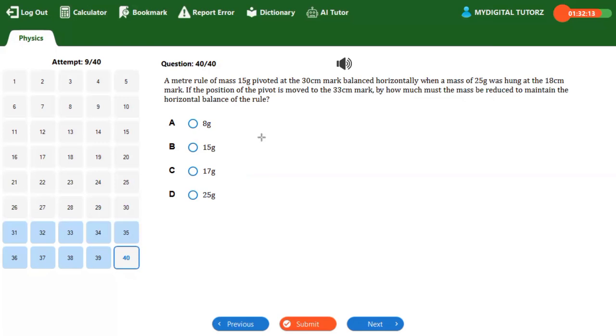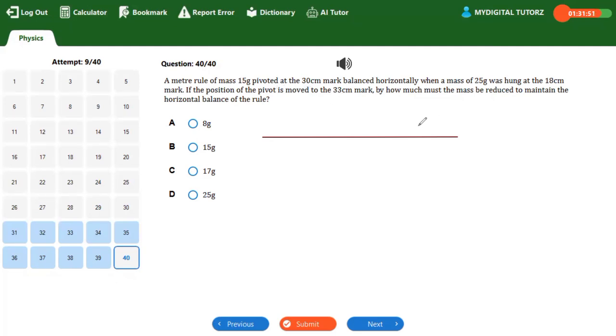So we assume here is our meter rule, starting from 0 down to 100. Exactly. The question says the meter rule has a mass of 15 grams. So remember center of mass. Center of mass is the point on which the entire mass of the body appears to concentrate.